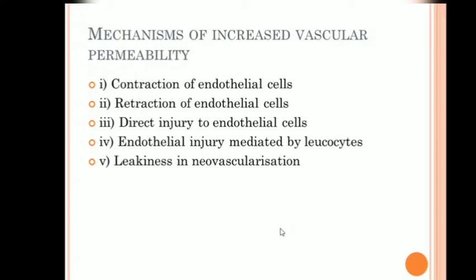So for now, please listen carefully. Contraction of endothelial cells: the endothelial cells develop temporary gaps between them due to their contraction, resulting in vascular leakiness. It is mediated by the release of histamine, bradykinin, and other chemical mediators, and the response is of short duration, usually 15 to 20 minutes.